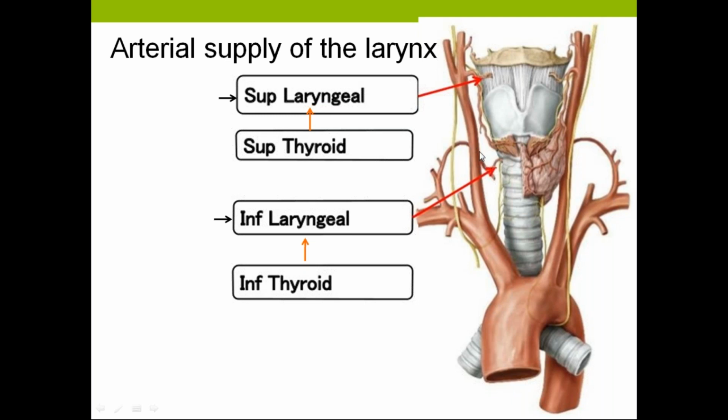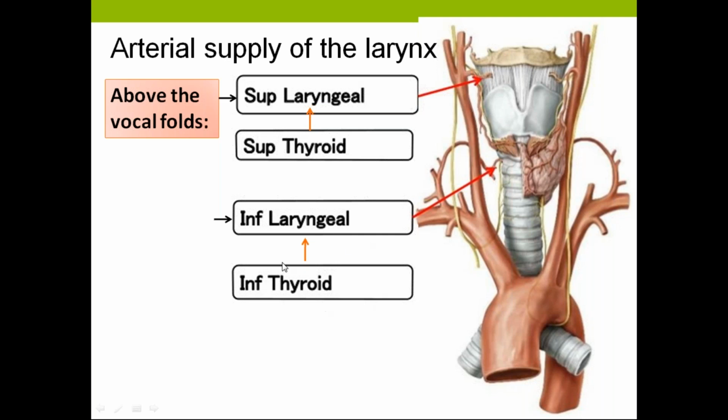This is the subclavian artery. From its first part it gives the thyrocervical trunk. The thyrocervical trunk gives one branch, that is the inferior thyroid artery. Now see, above the vocal fold, the larynx is supplied by the superior laryngeal artery, which in turn is a branch of the superior thyroid artery.